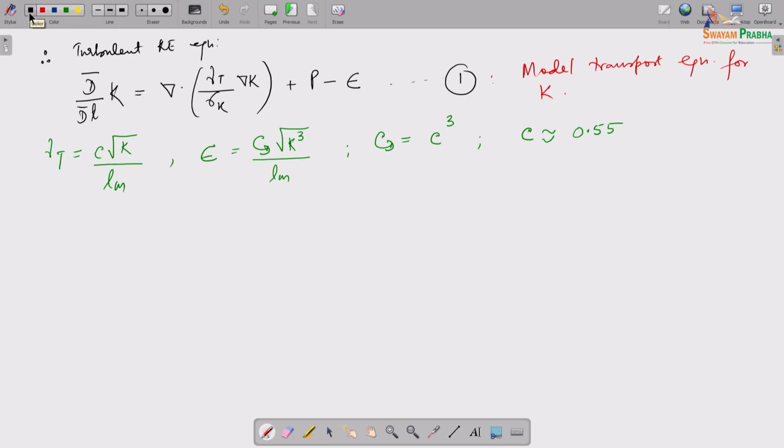Now, the model transport equation for epsilon is entirely empirical, right. So, this one is now the model transport equation for epsilon, right, is entirely empirical, okay, and that is.